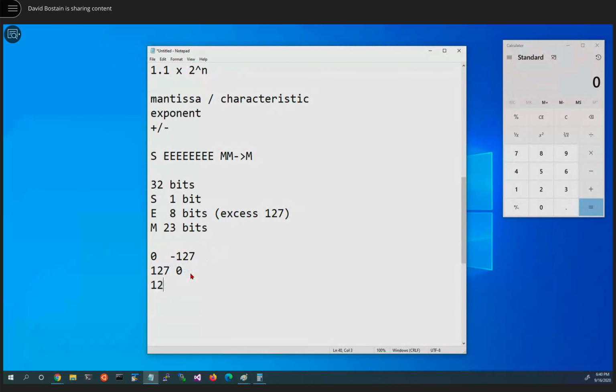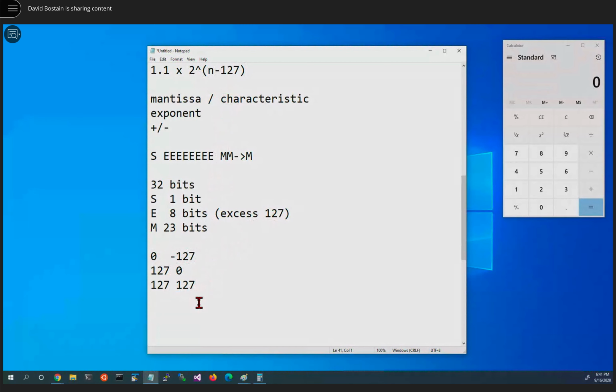And of course, I could add 127 to it, where it would be a positive 127 when I had added 127 to 127. The real number I would get there, of course, is going to be 256 or 255 or 254, depending on what I'm going to show you later. But this means that when we have an exponent, we're going to encode it 127 higher than it needs to be. So in my number up here, this n I'm talking about is really, I'm going to raise it to n minus 127.